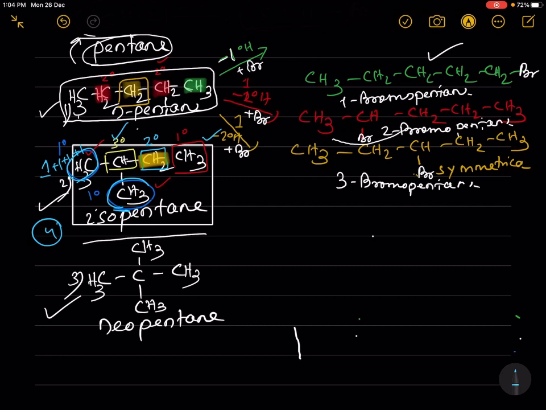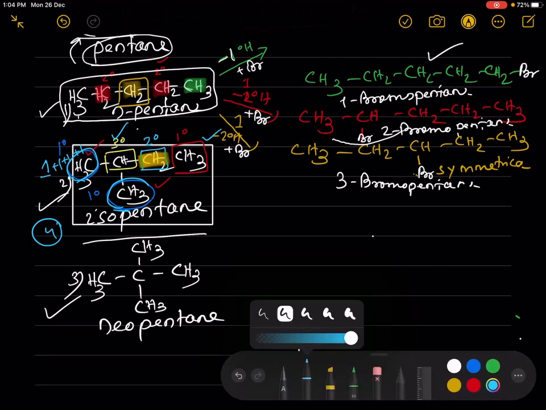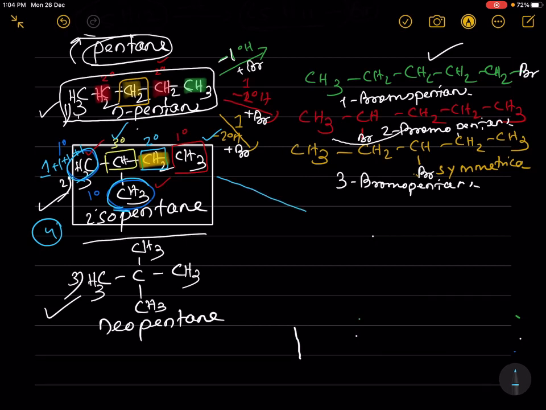Then we have to remove hydrogen atoms from these 2 carbon atoms, either from this carbon or this carbon.